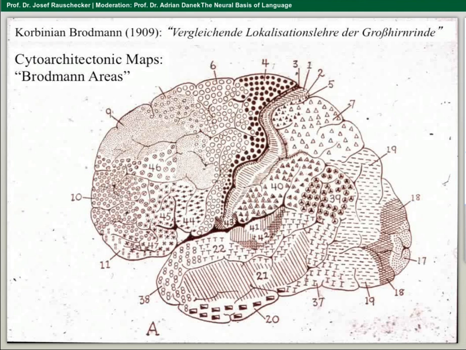So here's a slide that is taken from Korbinian Brodmann's work, who actually did this work here in Munich, and I also show it in other cities, not just here. It has a special meaning here, of course. He was at the predecessor institution of what is now the Max Planck Institute for Psychiatry, where I did my PhD, and he was one of the first anatomists who made brain sections of a human brain and also of different animal brains to look at fine differences in the cortical areas.